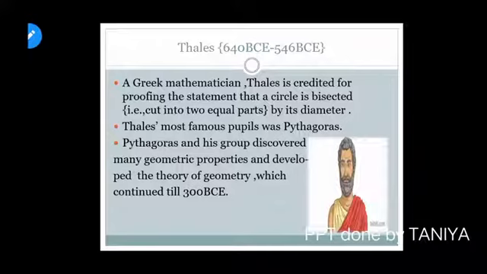Thales' most famous pupil was Pythagoras. You might have heard about Pythagoras by Pythagoras theorem. Pythagoras and his group discovered many geometric properties and developed the theory of geometry, which continued till 300 BC era.